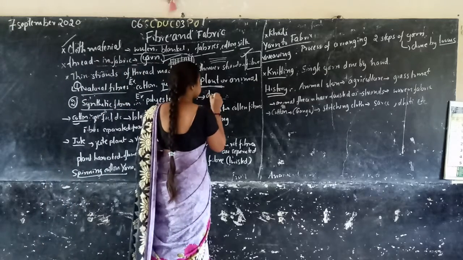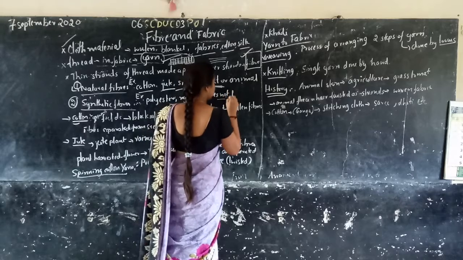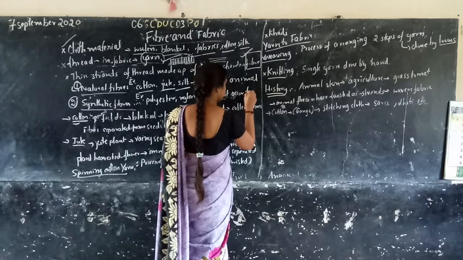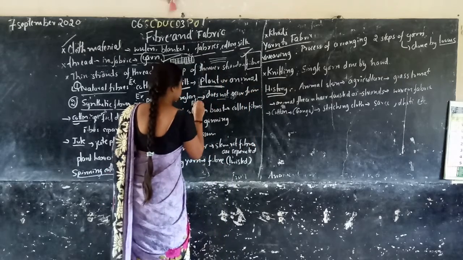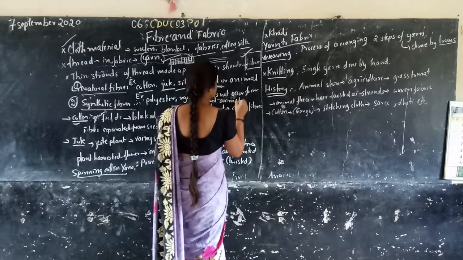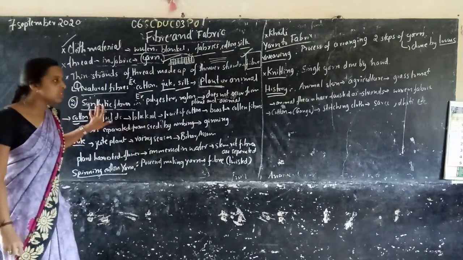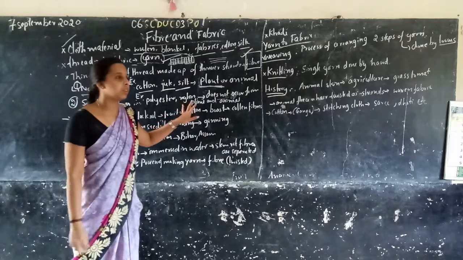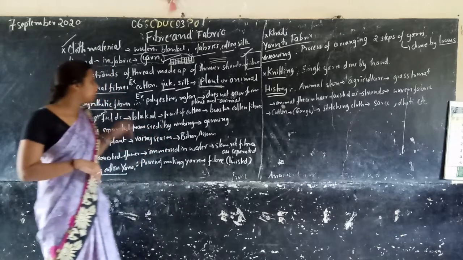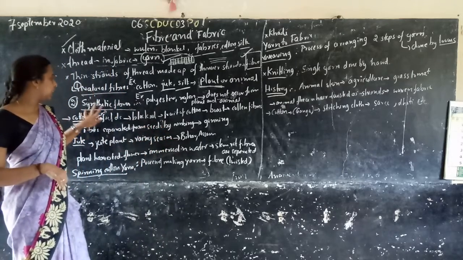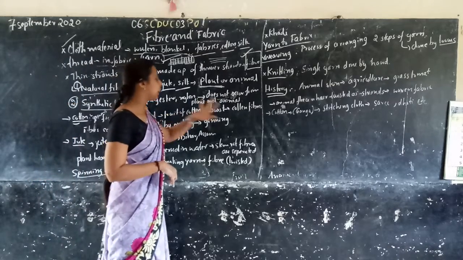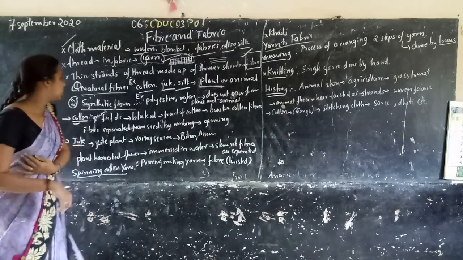It does not occur from plants or animals. So any fibers which occur from plants or animals are natural fibers. If any fibers do not occur from plants or animals, such fibers we call synthetic fibers.